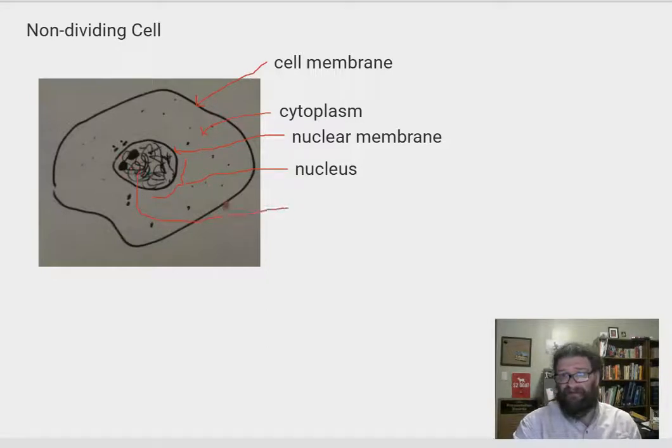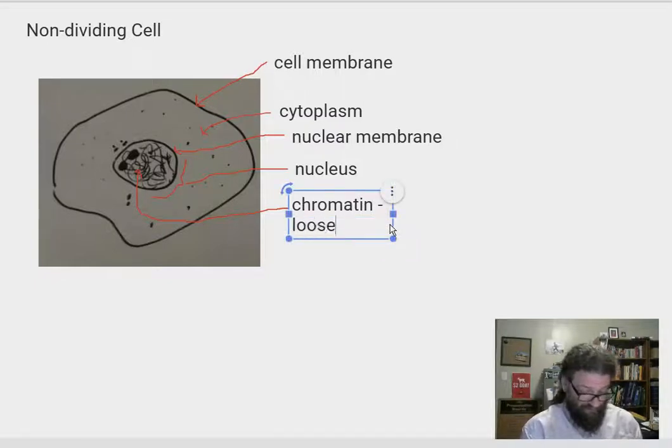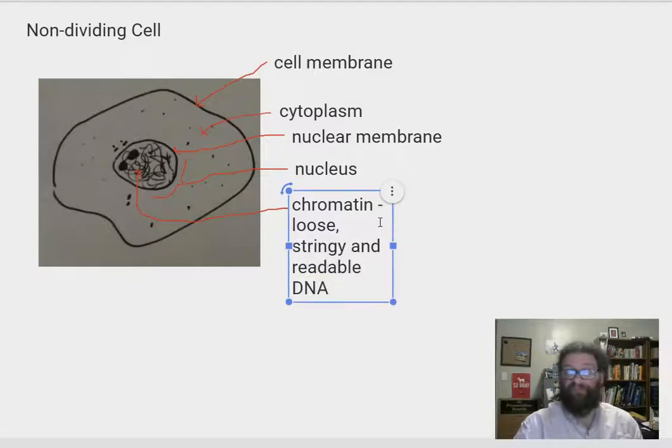chromatin, which is the loose, stringy stuff on the inside, is loose, stringy, and more importantly, readable DNA.